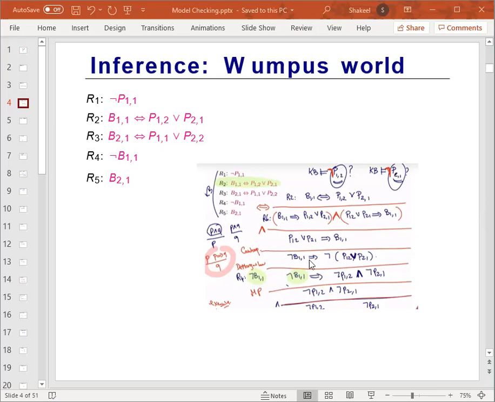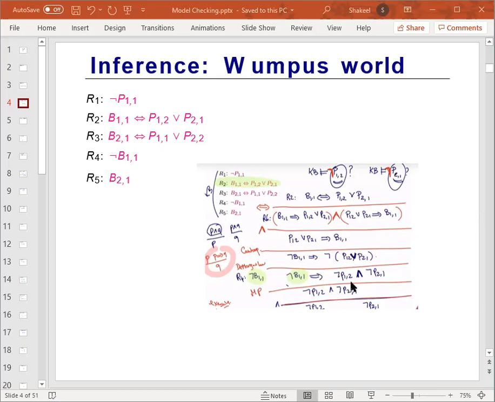I have not B11. So I am going to use a trick of contrapositive to flip this implication. Using the contrapositive, it's possible to write this formula as not B11 implies the negation of P12 or P21.